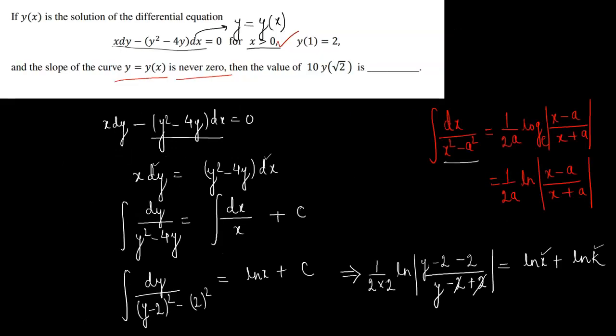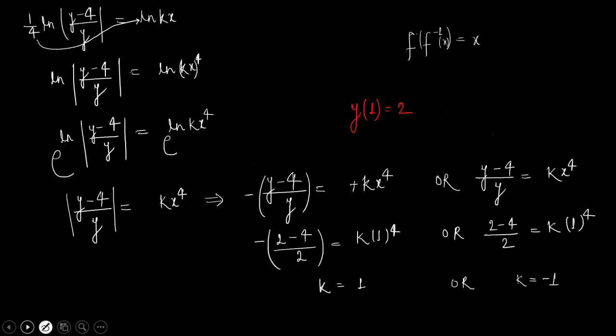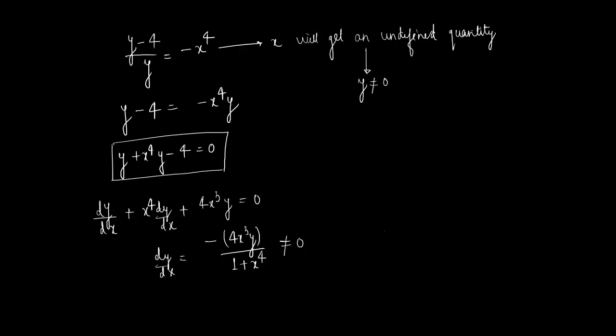Now we just have to find the value of 10 into y of root 2. Using this equation, putting the value of x as root 2, y of root 2 plus root 2 to the power 4 into y of root 2 minus 4 is equal to 0.